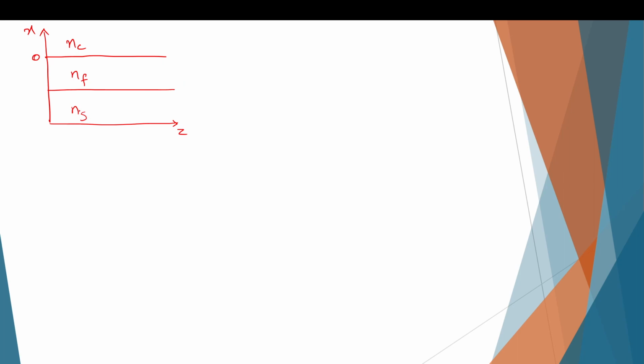Okay. So in these 3 regions I have to solve this particular equation: dou square Ey by dou x square plus k naught square ni square minus beta square times Ey is equal to 0.